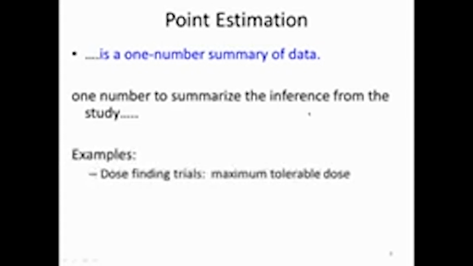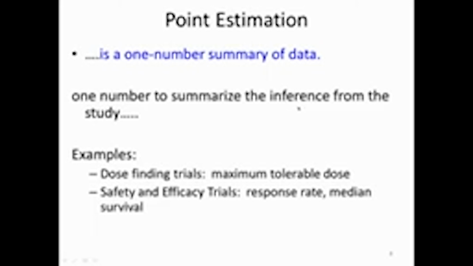It could be like dose finding trials, maximum tolerable dose. What is the maximum tolerable dose of this particular drug on humans? Okay. Or when you are doing a safety study or efficacy trials, what is the median survival? Okay, what is the response rate?